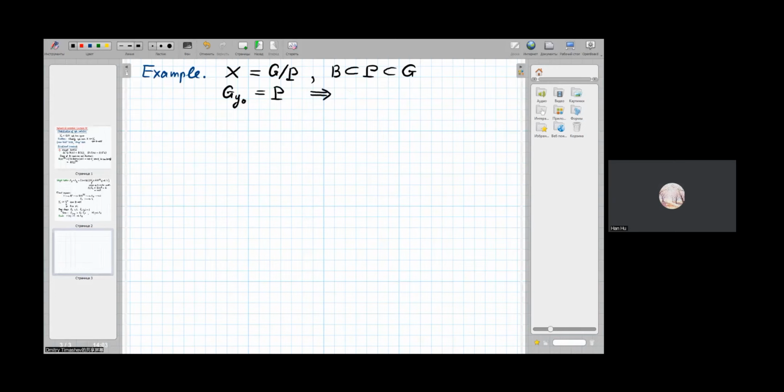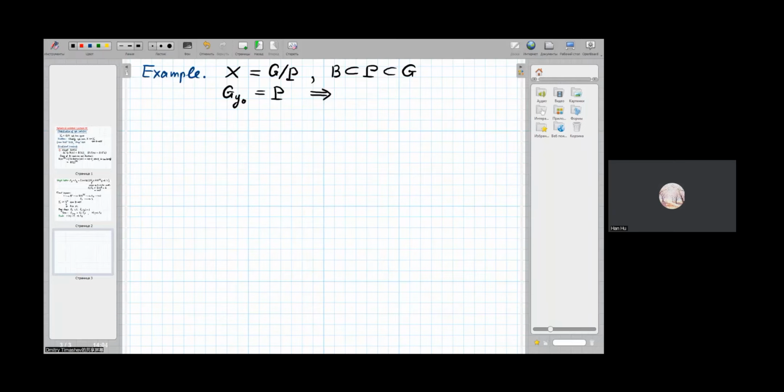But in this notation, it will be convenient to choose the opposite Borel subgroup, B minus, opposite to B. Since all Borel subgroups are conjugate, all the invariants which we are considering essentially do not change when we replace a chosen Borel subgroup by its conjugate. All the invariants will be the same essentially.